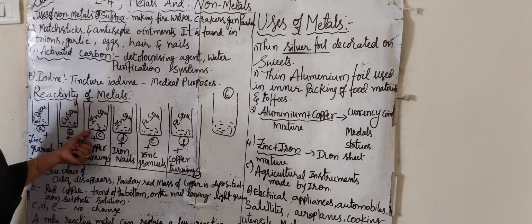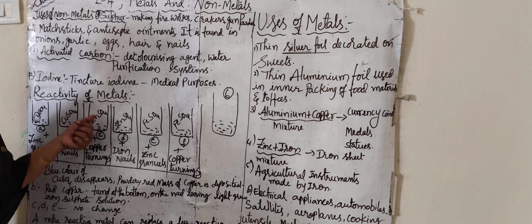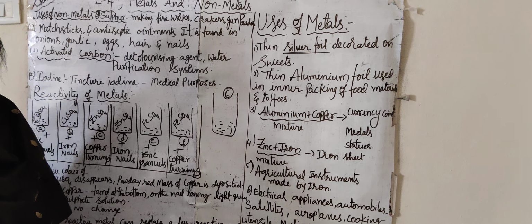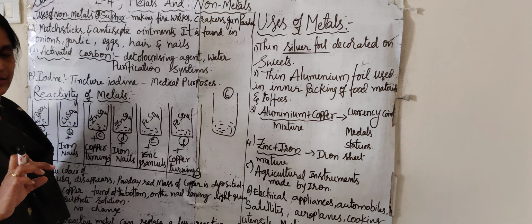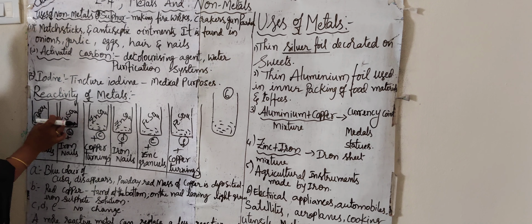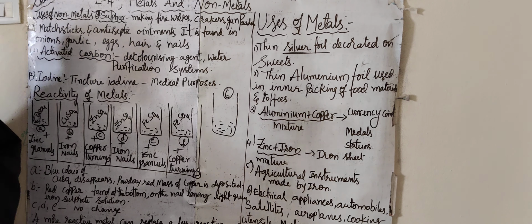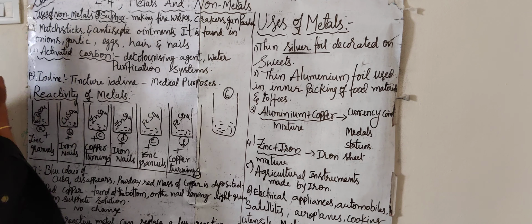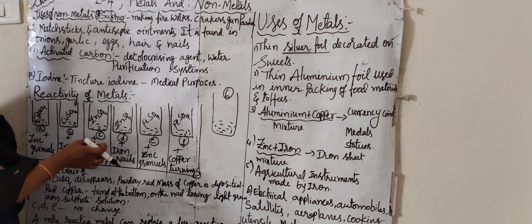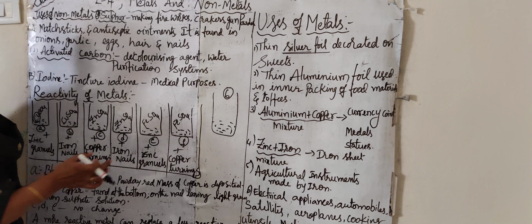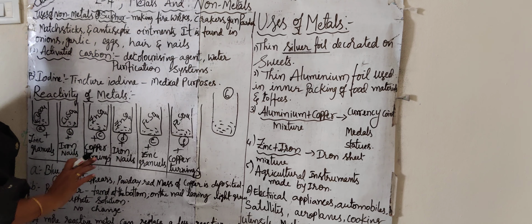Next, in beaker C and D, take zinc sulfate powder. The copper sulfate powder is blue, so when you dissolve it in water, you get a blue solution. When you dissolve zinc sulfate in water, you will not get any color, mostly white.